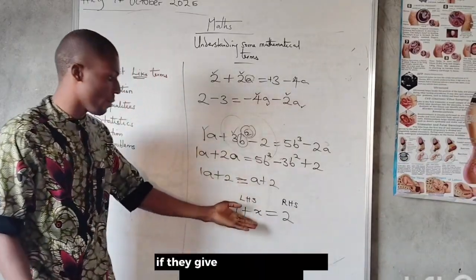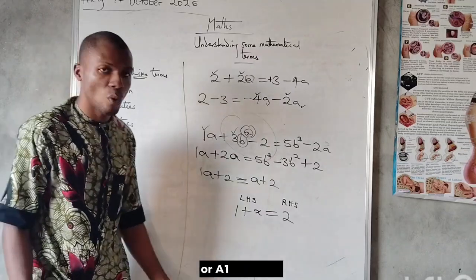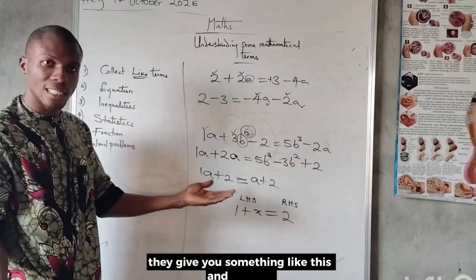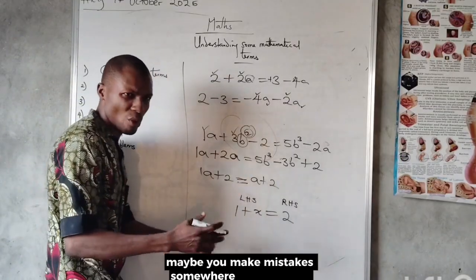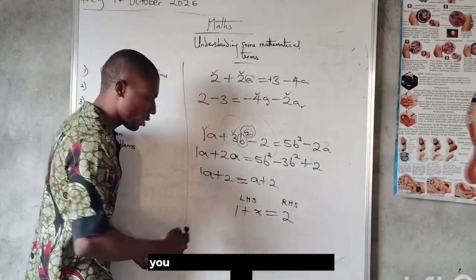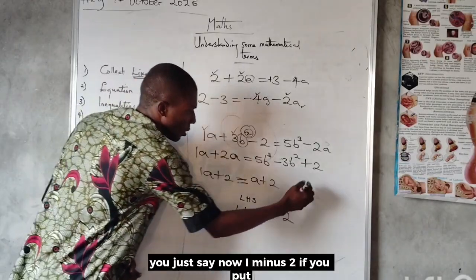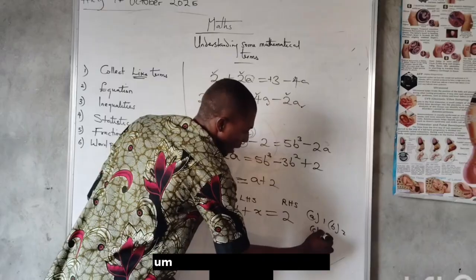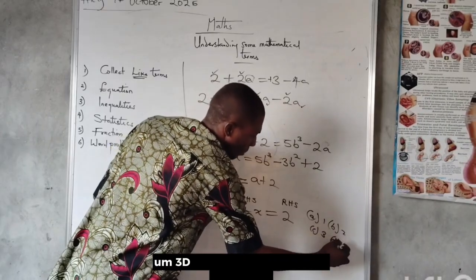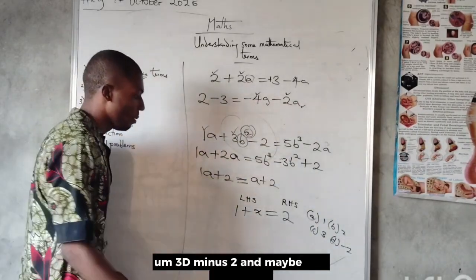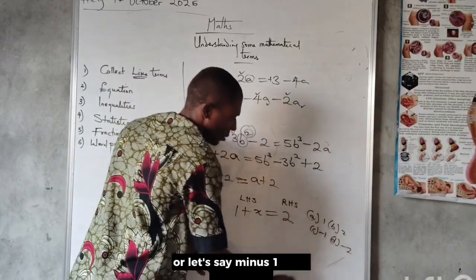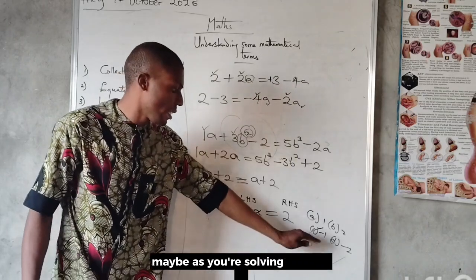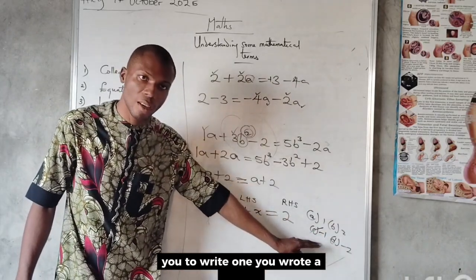For example, if they give me something like this, and they say A 1, B 2, C 3, maybe you make mistakes somewhere, maybe because you are human. If they give you A 1, B 2, C 3, D minus 2, and maybe you mistakenly, as you are solving, instead of writing 1, you wrote minus 1.